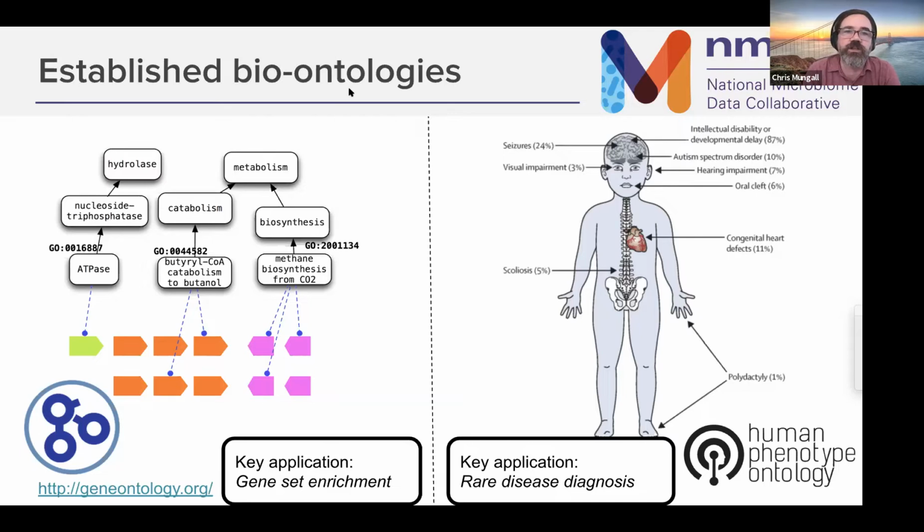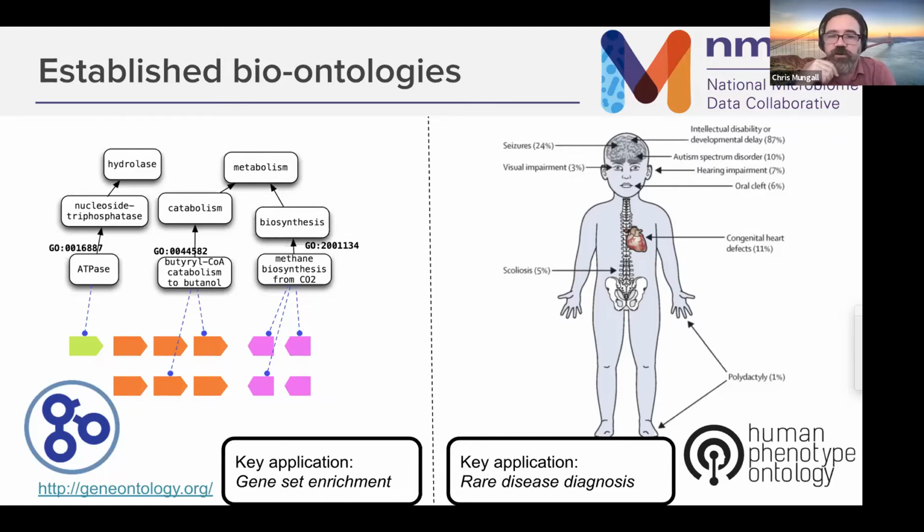Another example of an ontology is the Human Phenotype Ontology, which can be used to annotate the signs, symptoms, and phenotypes of individual patients with diseases, or to characterize diseases more broadly.